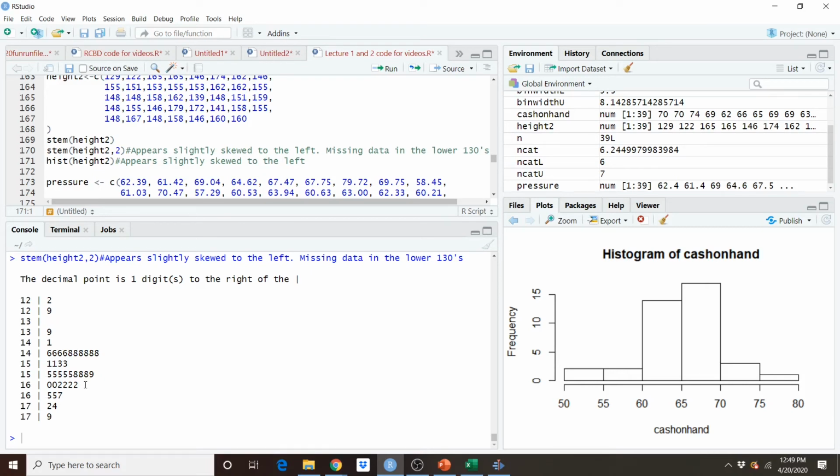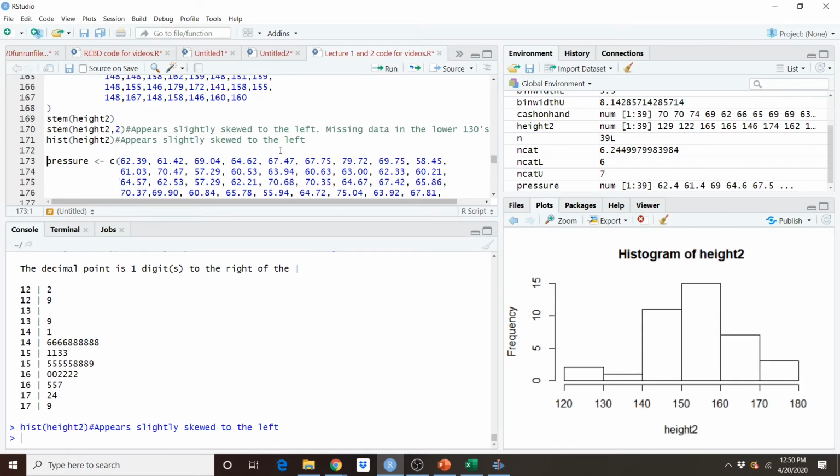And we appear to be slightly skewed to the left. Let's take a look at our histogram. Notice we go from 120 to 180. Because we're not retaining the data, this is the best we can give for our range. But it does appear that we are slightly skewed to the left with our histogram.